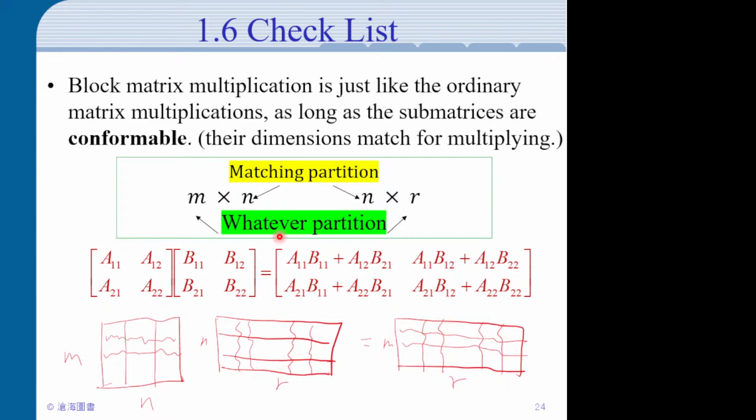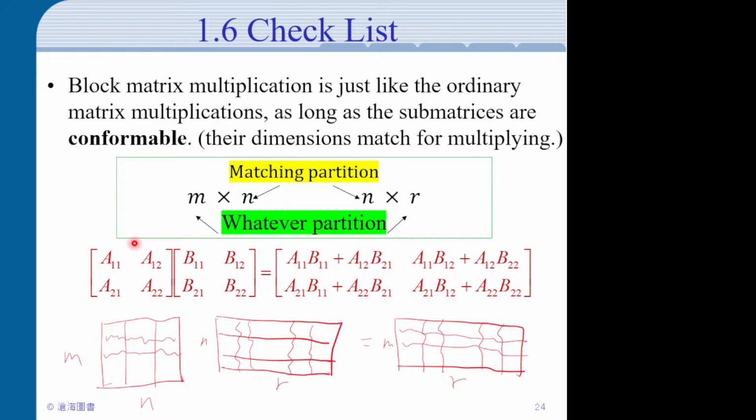So here is the example. You partition the first matrix into 2 by 2 blocks, and the second matrix into 2 by 2 blocks. Then you can do the block multiplication, looking at the blocks like how you do matrix multiplication.